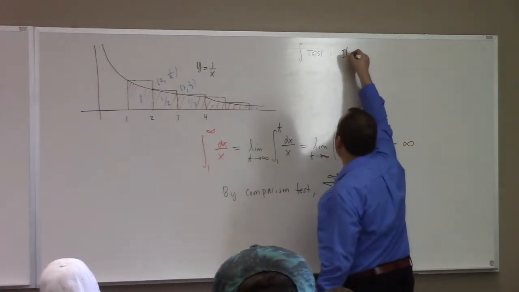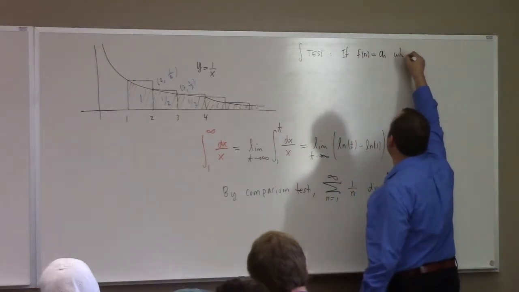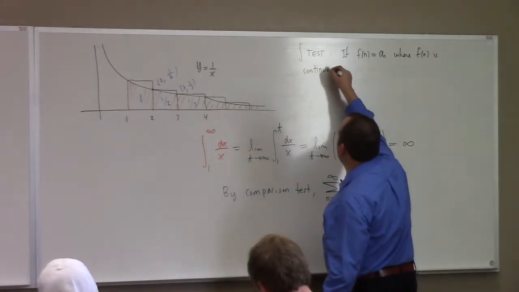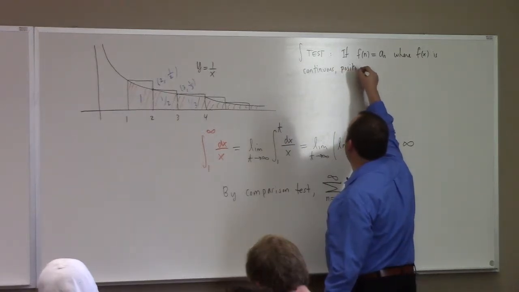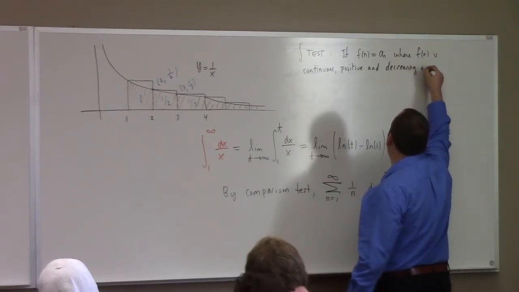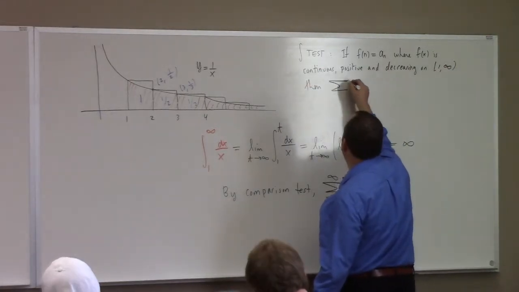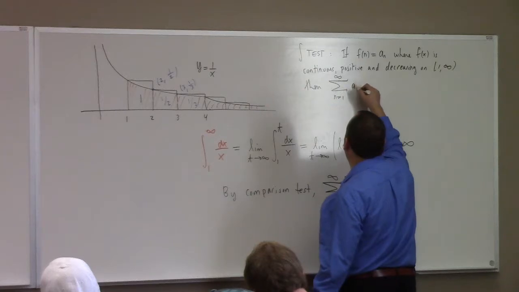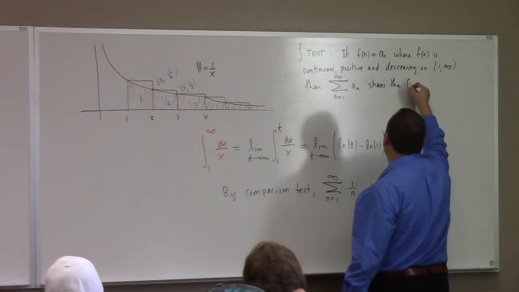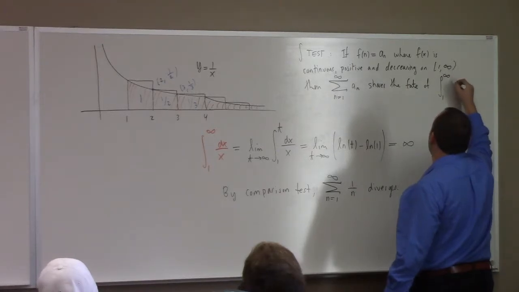says if we have f of n equals a sub n, where f of x is continuous, positive, and decreasing on 1 to infinity, then the sum from n equals 1 to infinity of a sub n shares the fate of the integral from 1 to infinity of f of x dx.